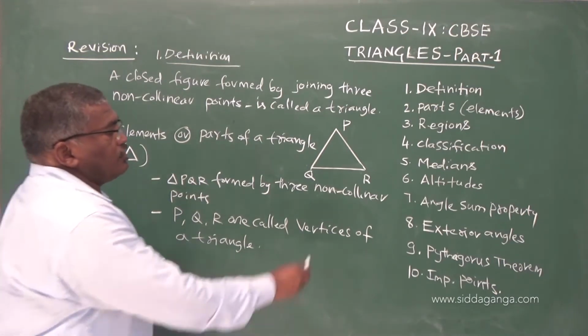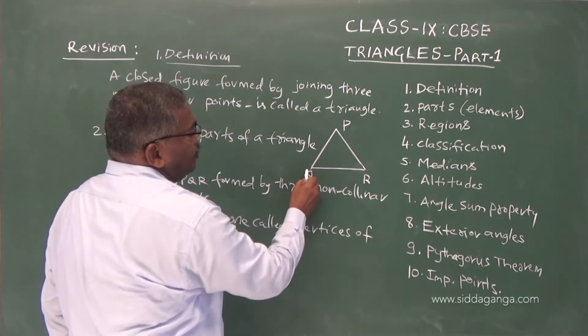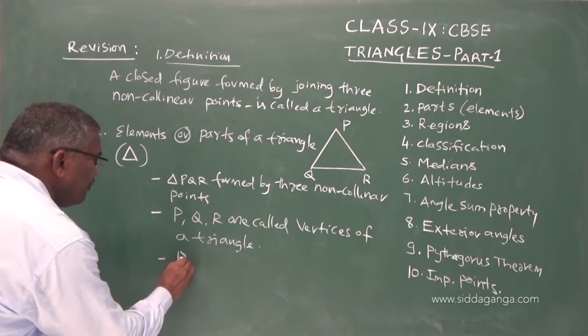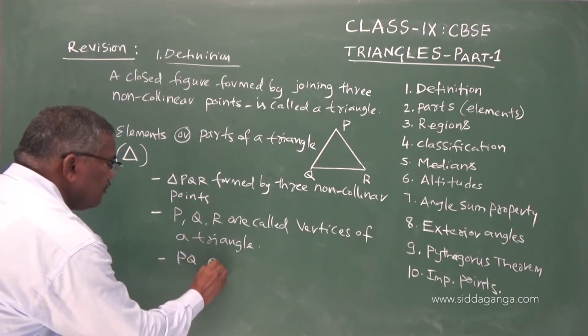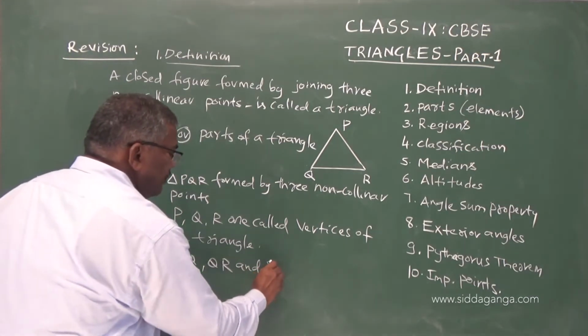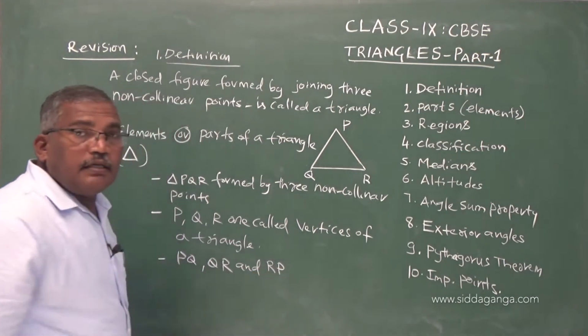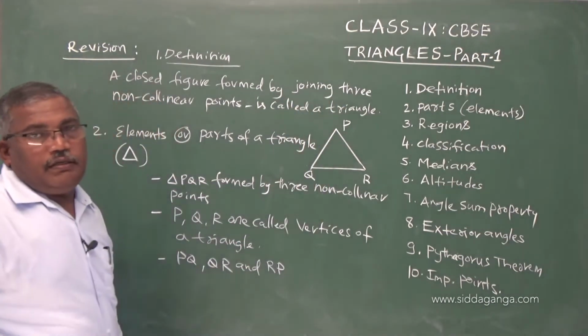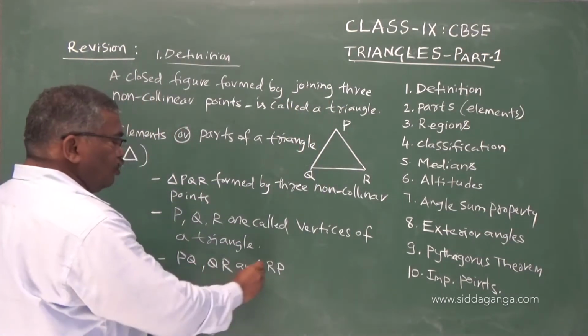Then there are three sides, three straight lines: PQ, QR and RP. Remember, we can call this line PQ or QP.